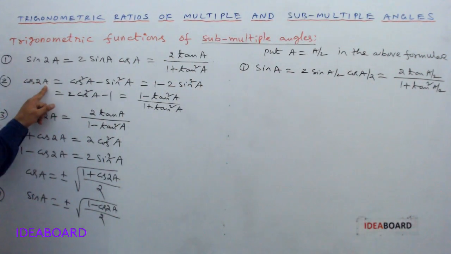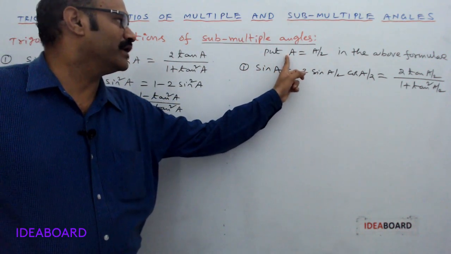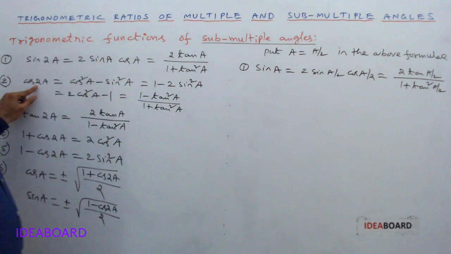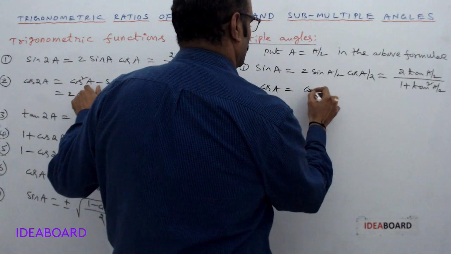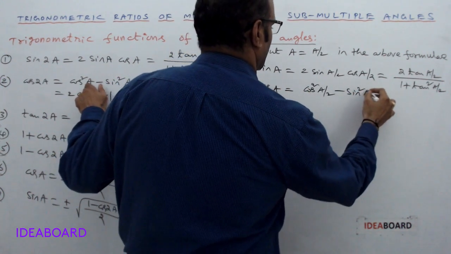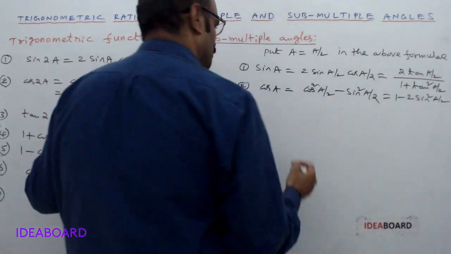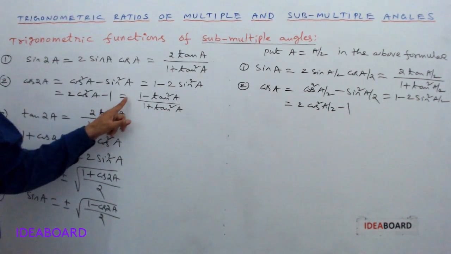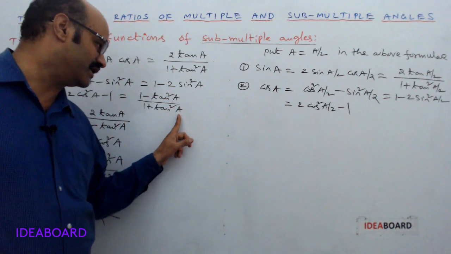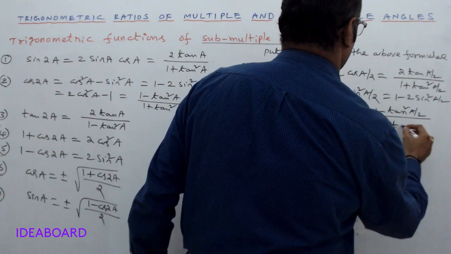Similarly, put A equal to A by 2. When you take A equal to A by 2, 2A becomes A. Then the second formula becomes cos A equal to cos square A by 2 minus sin square A by 2 equal to 1 minus 2 sin square A by 2 equal to 2 cos square A by 2 minus 1 equal to 1 minus tan square A by 2 whole by 1 plus tan square A by 2.